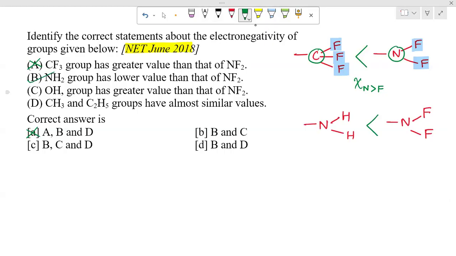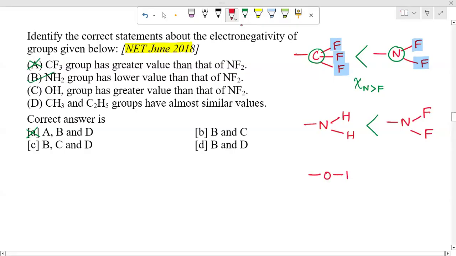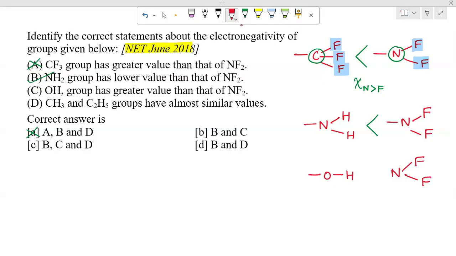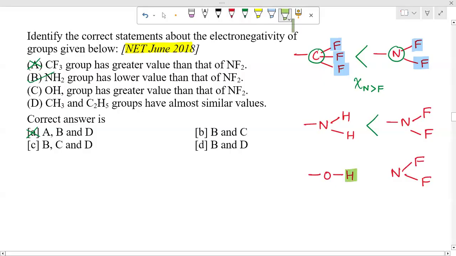Next, OH and NF2. Now here you cannot compare the central atoms. Let me tell you why. Because here the end atom is hydrogen and over here the end atoms are fluorines. So you cannot compare the central atom. You should compare it as a whole. The environment has changed.